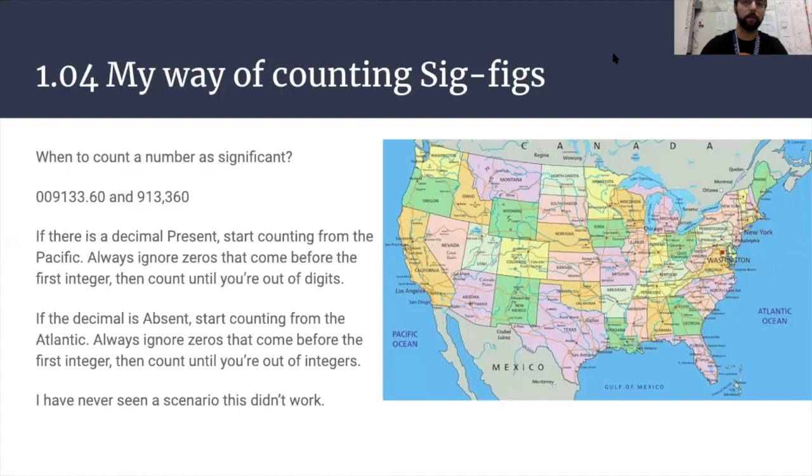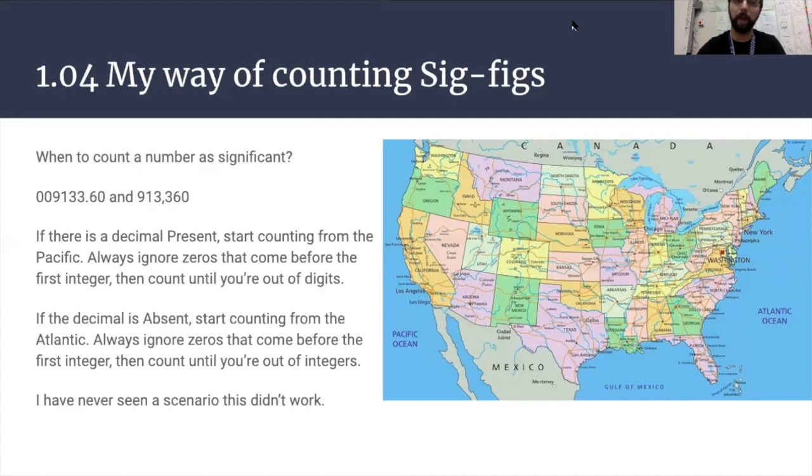All right, next. My way of counting sig-figs. So this is the way that my physics teacher in high school taught me how to count sig-figs. I don't think I've gotten any of them wrong. I've never run into a scenario that this didn't work. So you've got 2 numbers, 009133.60 and 913,360.